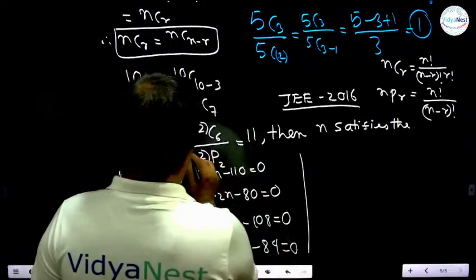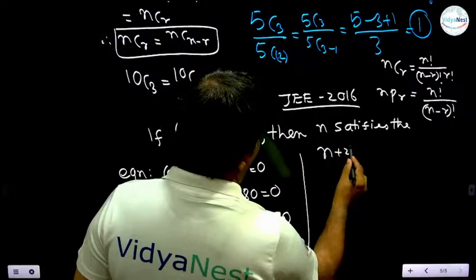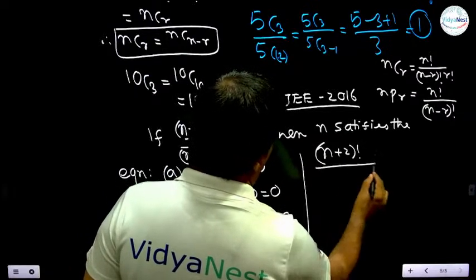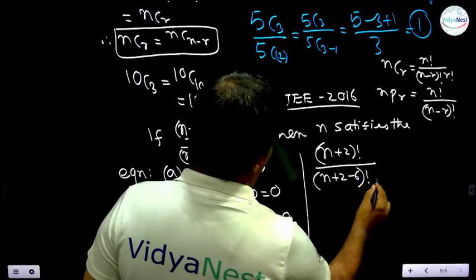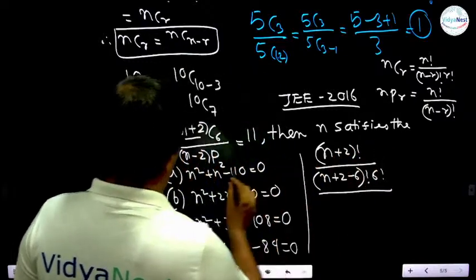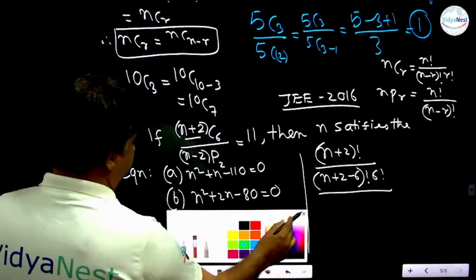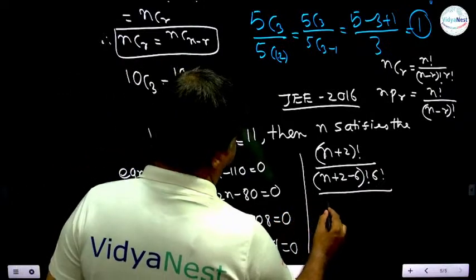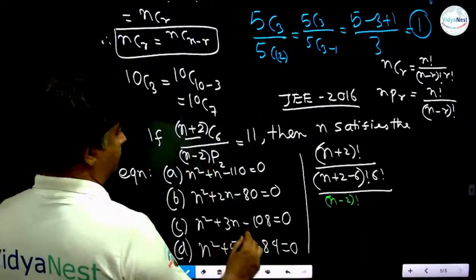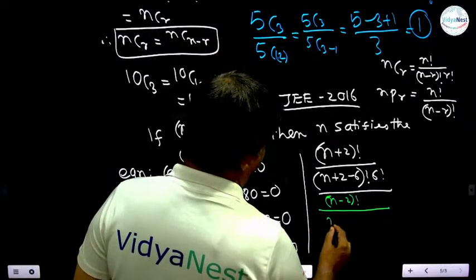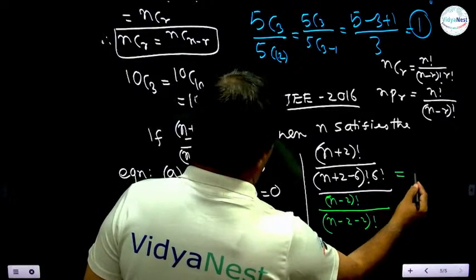Here n plus 2 C6 is n plus 2 factorial over n plus 2 minus 6 factorial into factorial 6 in the denominator, and that is equal to 11.